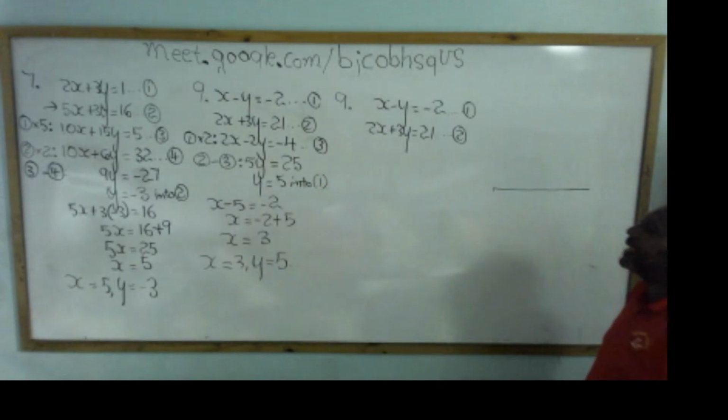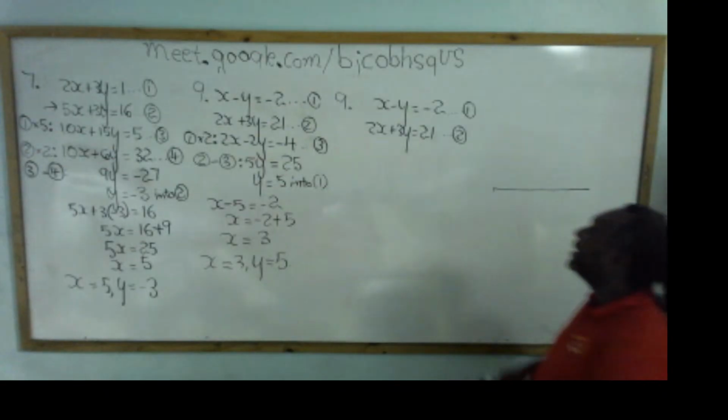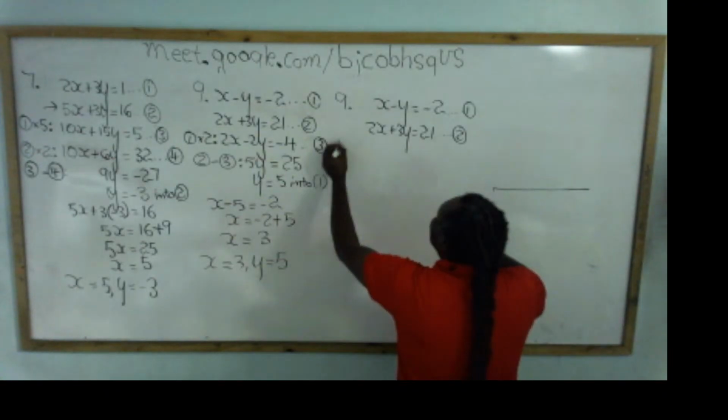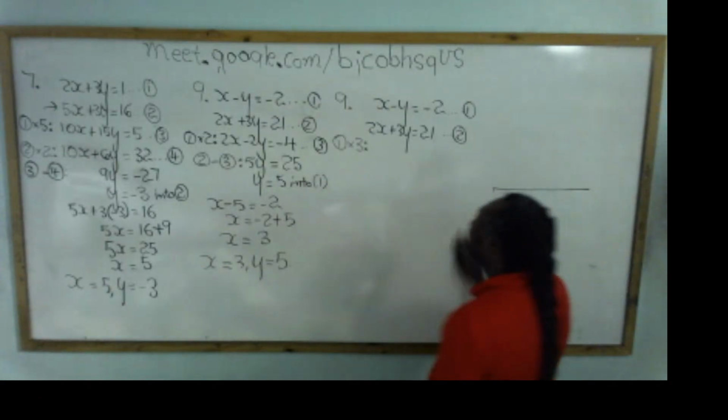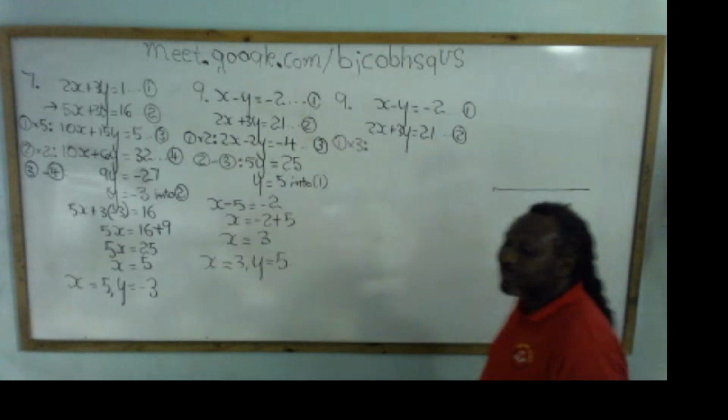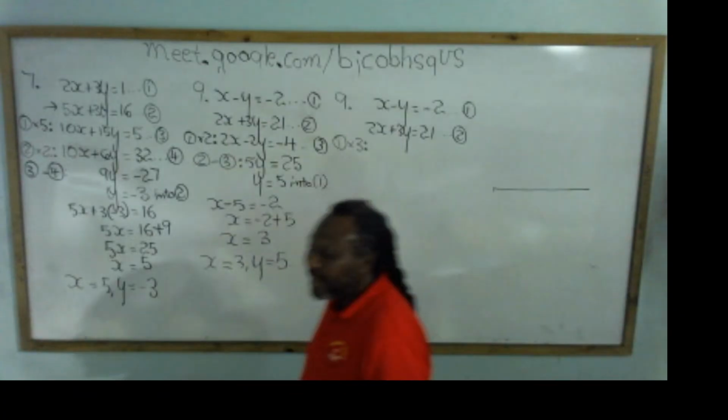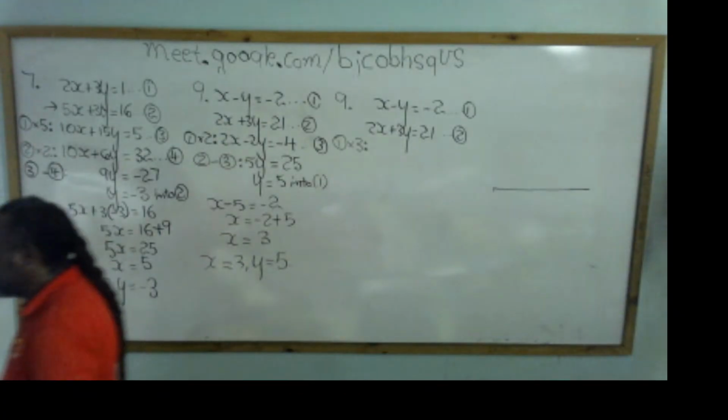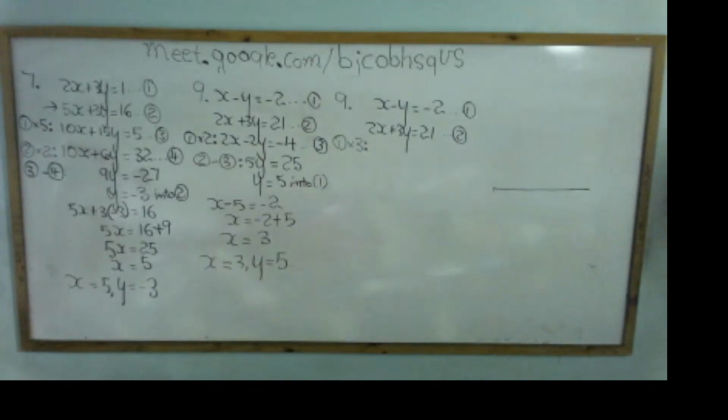So what do we say? The second take on number 9, I will multiply equation 1 by 3. Why do I do that? I do that for simplicity, in order to have additive inverses.